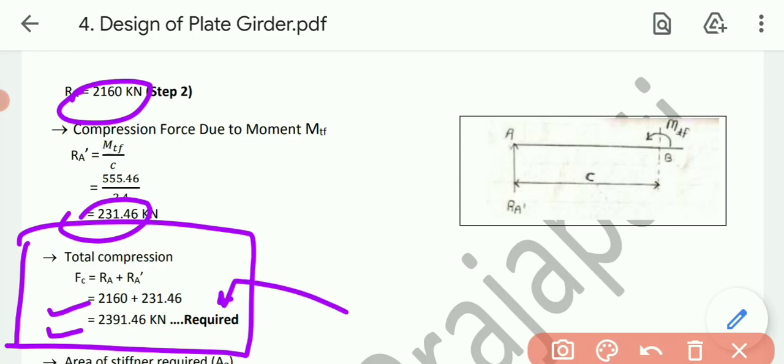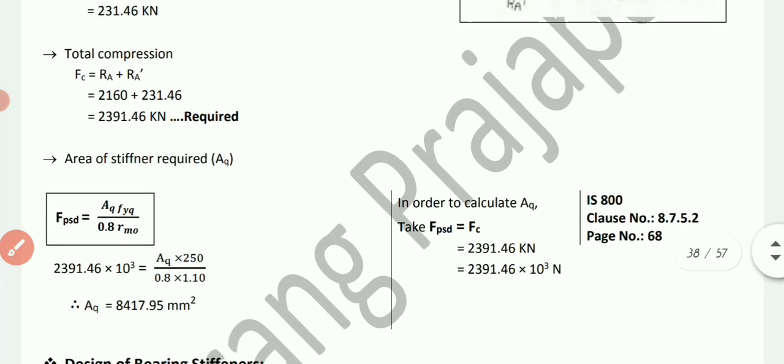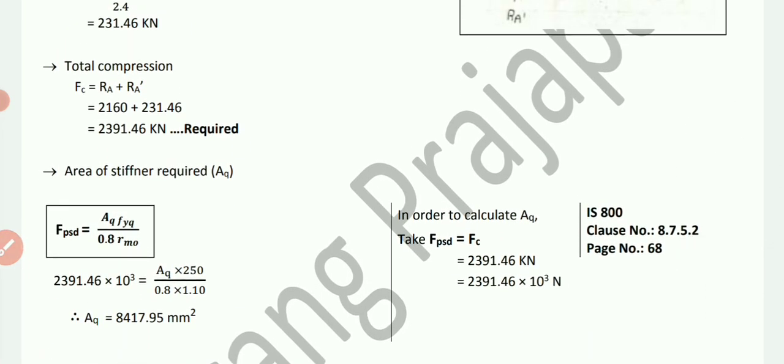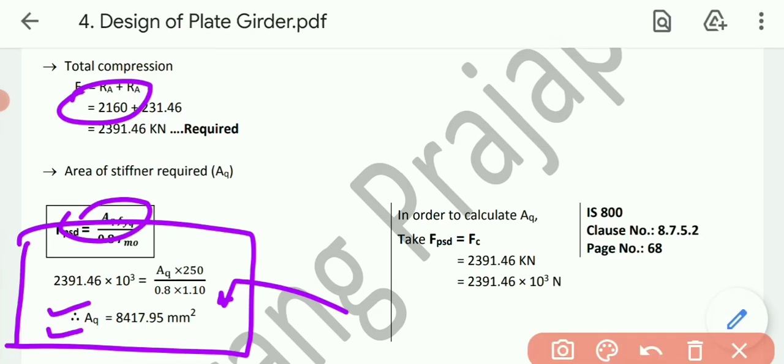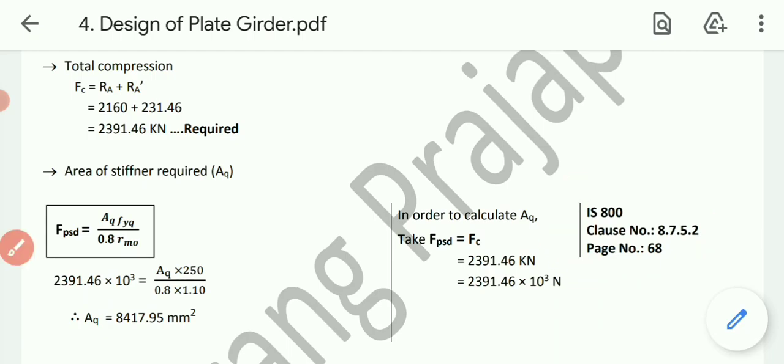Now that is the requirement, meaning we need to design a stiffener which can resist this much compression force. So in order to design the stiffener, first of all we need to find the area of the stiffener. For that I'm going to use the formula on page number 68. So let me take you to the code.